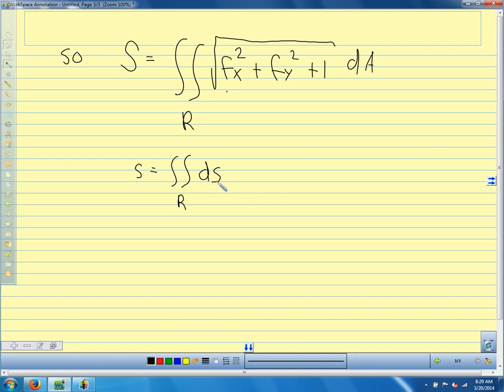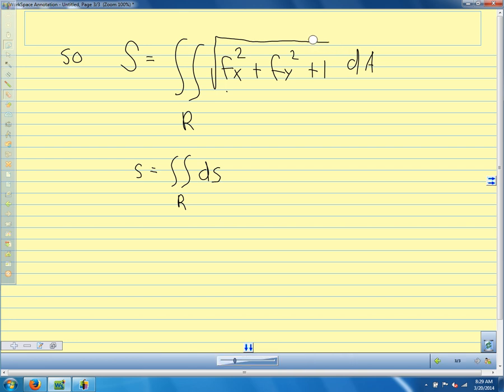This quantity comes up in a lot of contexts, so we call it dS. So this gives us a way of finding the surface area of a surface given by z equals f of x, y over a region R in the xy plane.